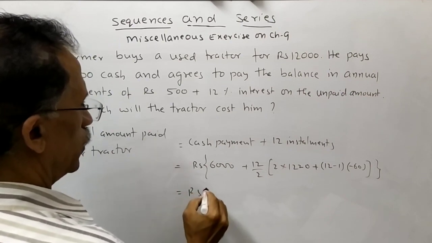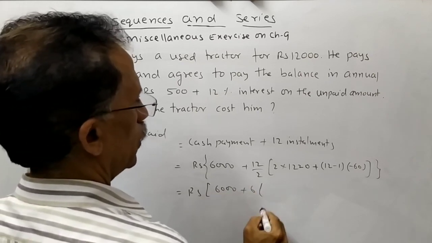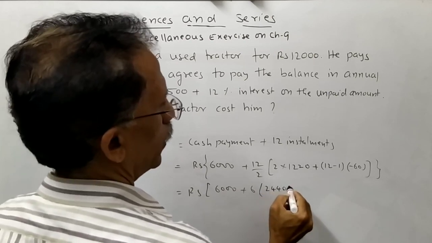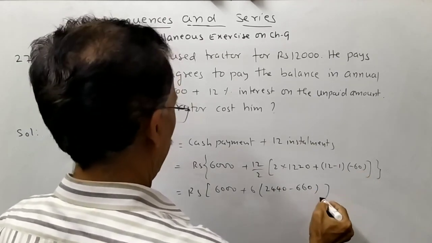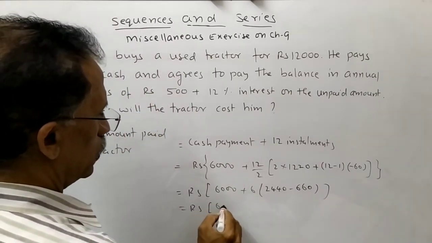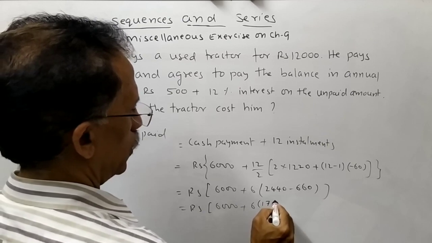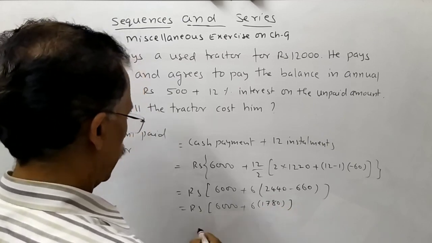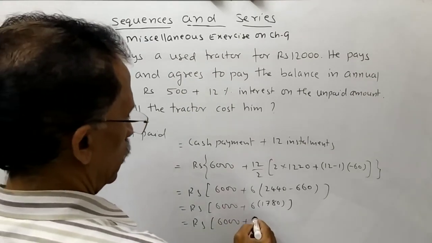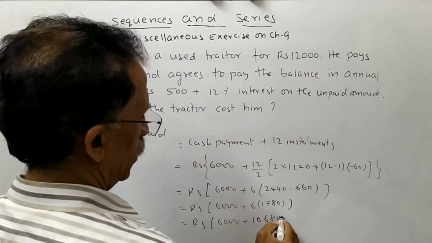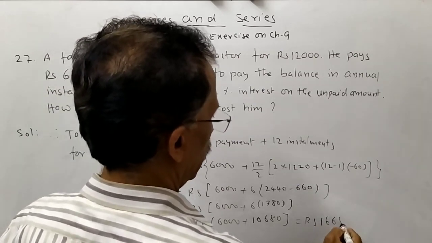Is equal to rupees 6,000 plus 6 into 2,440 minus 11 into 60, 660 is equal to rupees 6,000 plus 6 into 1780 is equal to rupees 6,000 plus 10,680 is equal to rupees 16,680.